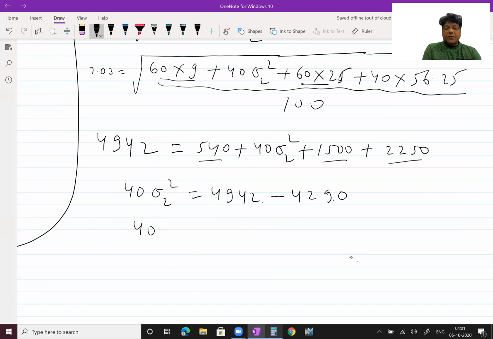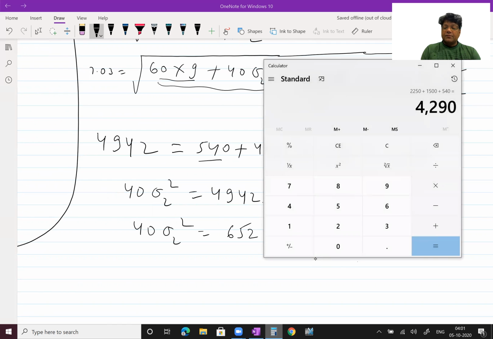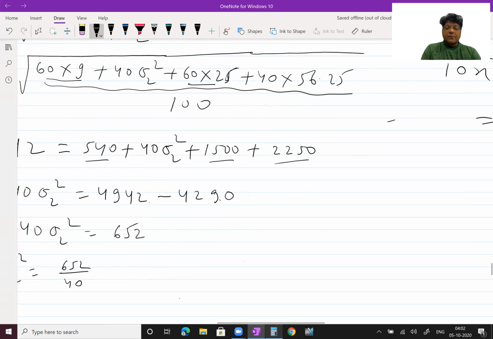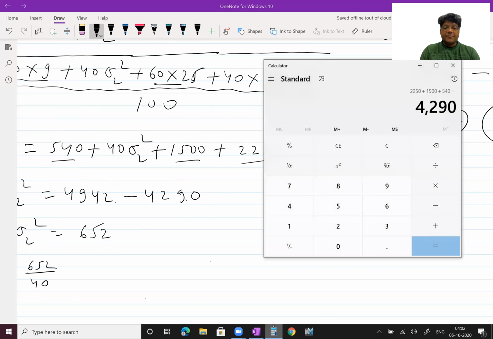So 40 sigma 2 square is equal to 4942 minus 4290, that is 652. So sigma 2 square is equal to 652 by 40. Wait, let me check the calculation.